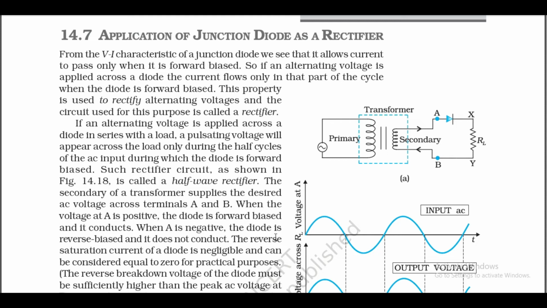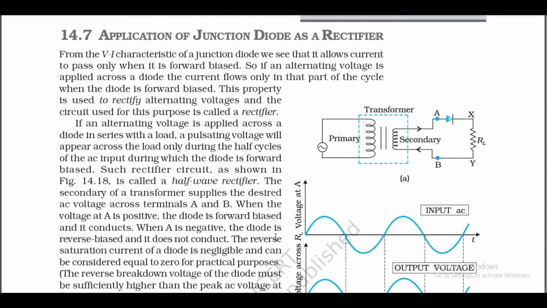The secondary of a transformer supplies the desired AC voltage across terminals A and B. When the voltage at A is positive, the diode is forward biased and it conducts. When A is negative, the diode is reverse biased and it does not conduct.